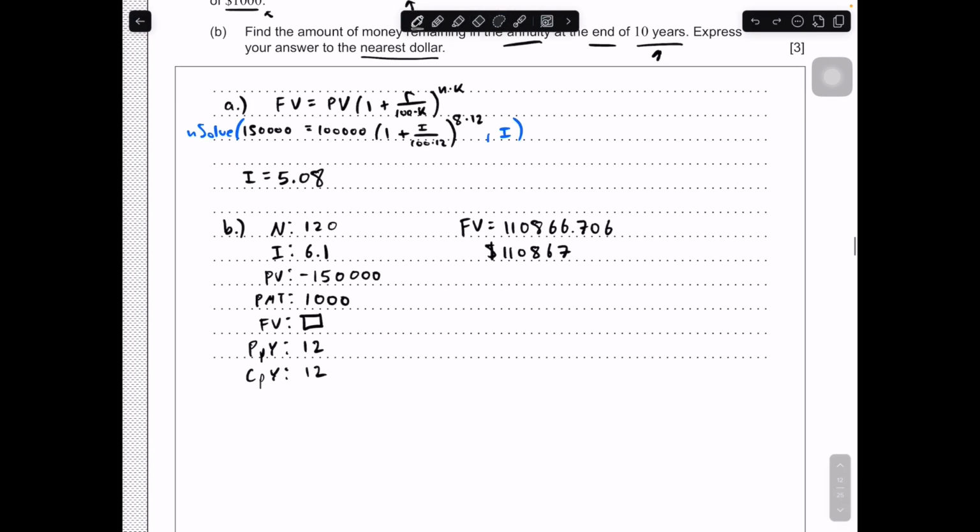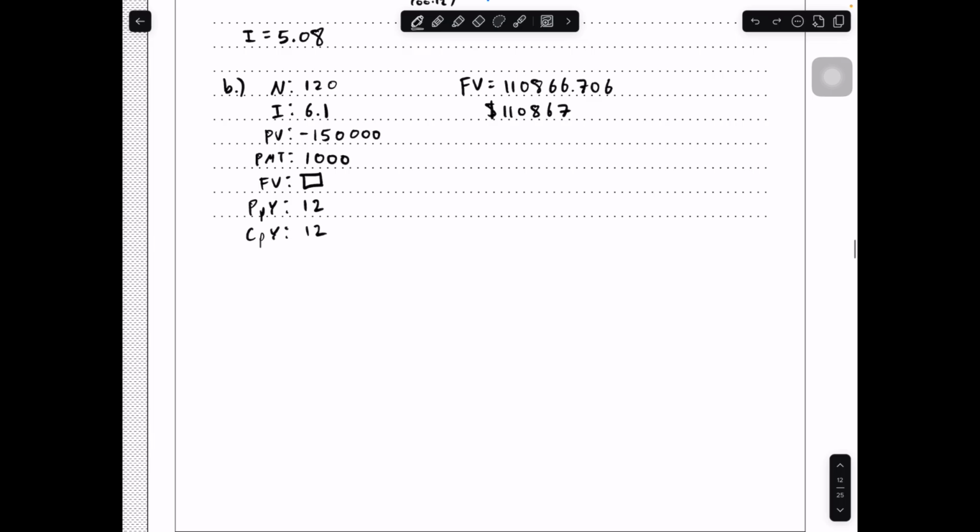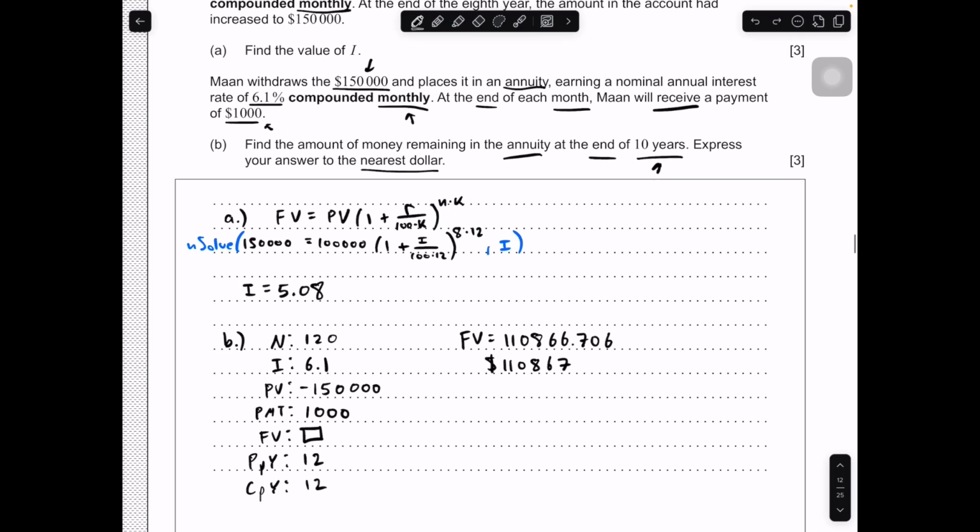Okay, not bad. $110,000. We can ask ourselves if that makes sense. After 120 $1,000 payments, why does she still have so much? And we say, okay, maybe that seems a little strange. It's actually because she's earning a fair bit of interest. 6.1% on 150,000 should be earning about, maybe $10,000 a year in interest.